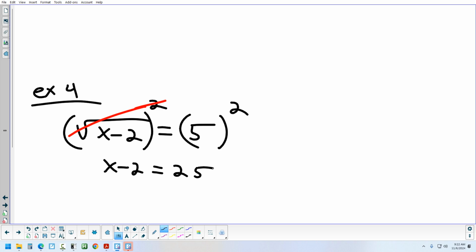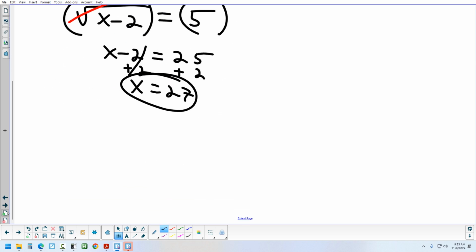So my last step, plus 2. Okay, let's plug it back in and see if it works. What's 27 minus 2? Yep, 25. And what's the square root of 25? 5. Yeah, so that works fine. Okay, so already isolated, answer works, we're good.